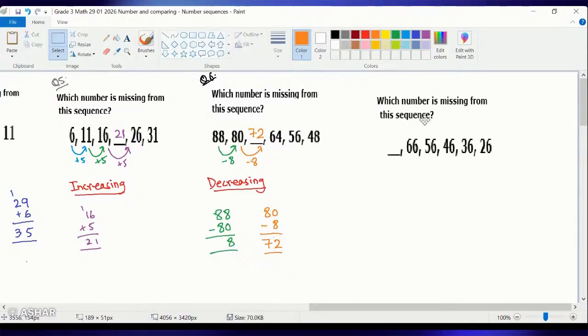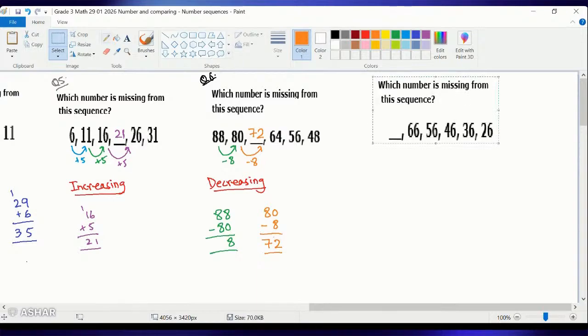This is question number 7. Let's suppose this value is missing for us, and let's suppose the last value is missing for us, okay? There are two missing values in this given question. The first value is missing, the last value is missing. So how can we look at this?